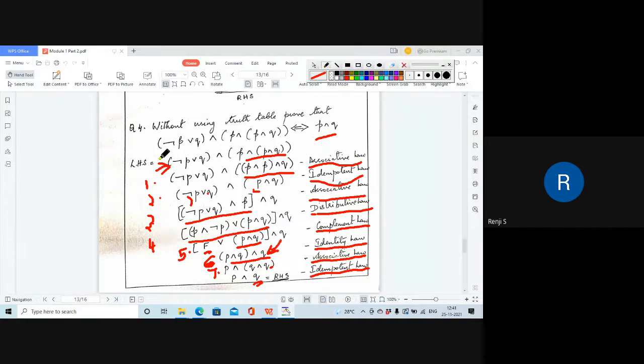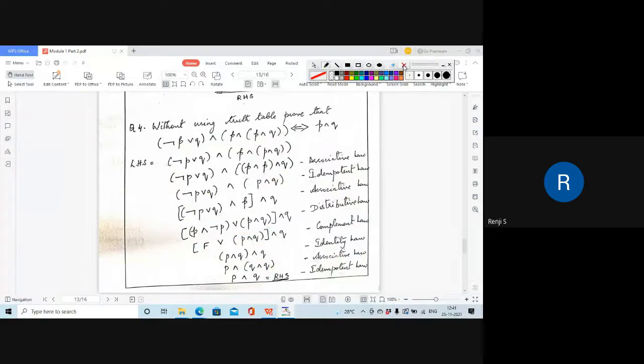Is it clear? Any doubt? So we have started from the left hand side, and we had reached the right hand side. Okay. Is it clear to you? Any doubts?